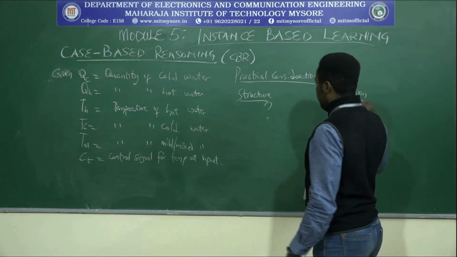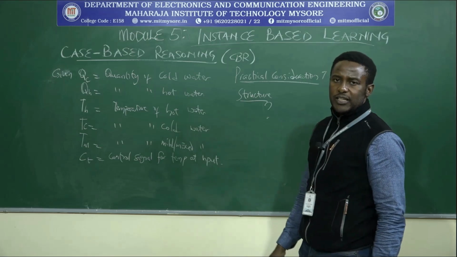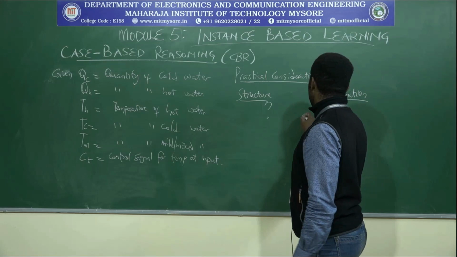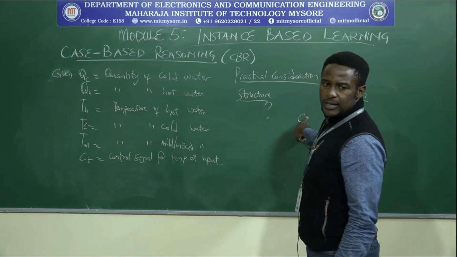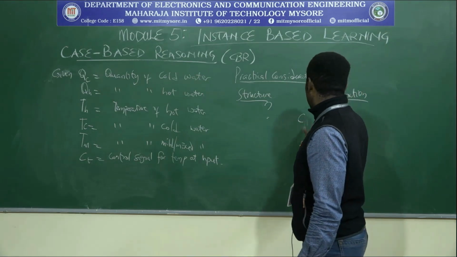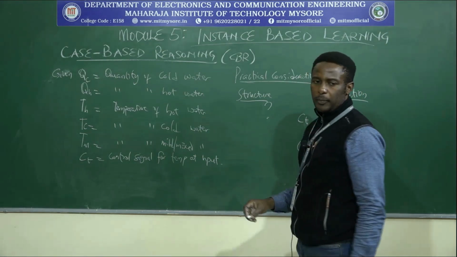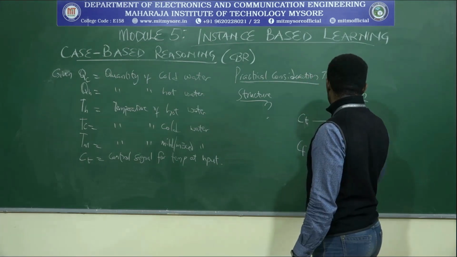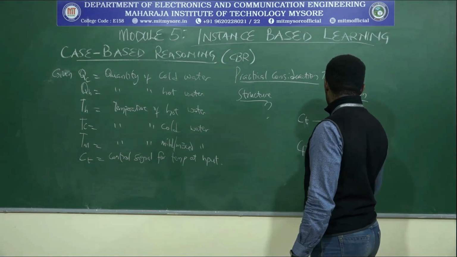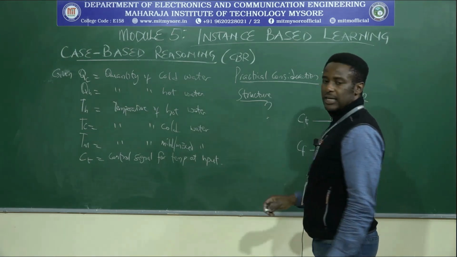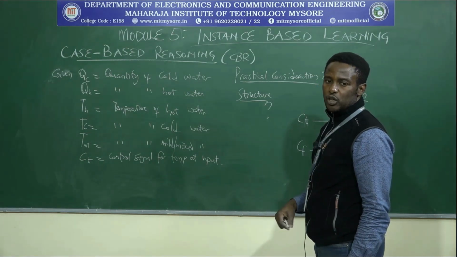What is the function? Now we can see that there are two control signals, CT and CF, the temperature and the flow, which are the faucets. We have the quantity of hot, the quantity of cold, then the temperature of hot and the temperature of cold.